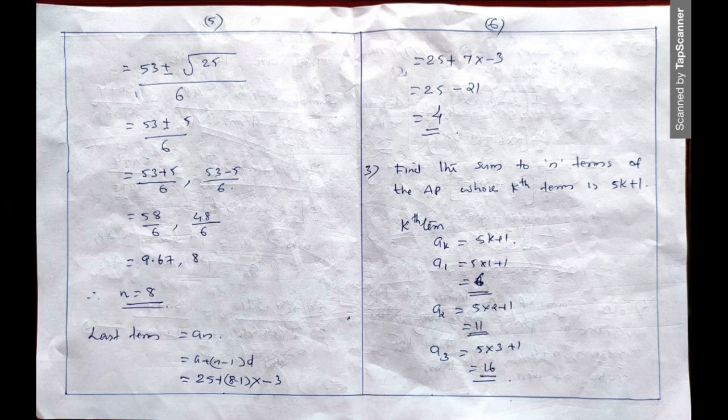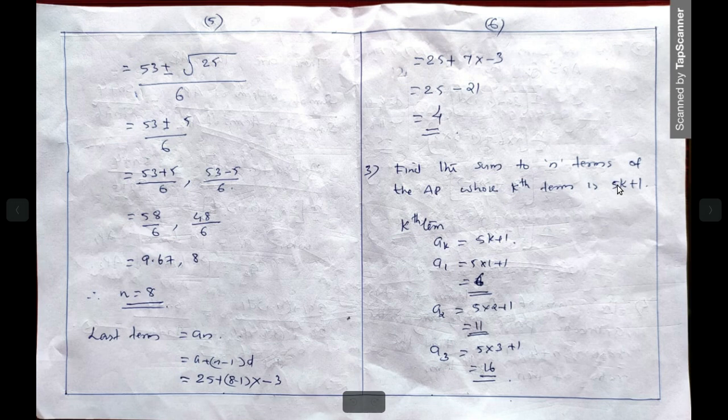Then we are asked to find the last term, whose formula is a plus n minus 1 into d. So applying a, n and d, we got 4. That is therefore an is equal to 4.